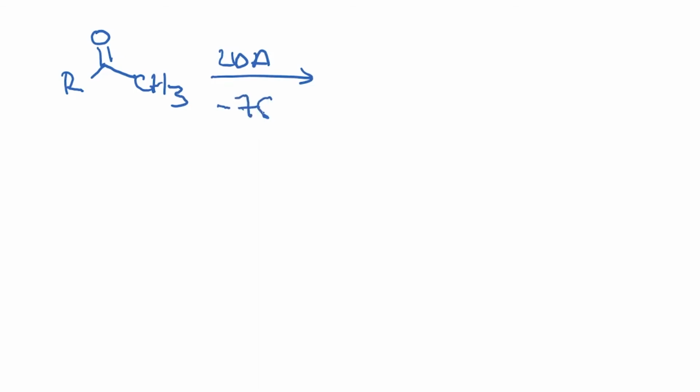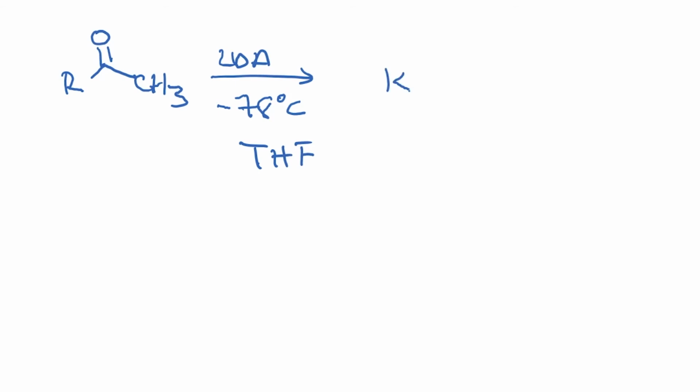So quick recap on the lithium enolate reaction. So the way we would do this reaction is we would first generate the enolate using LDA, and we would use minus 78 degrees centigrade, and typically these reactions are carried out in a solvent such as tetrahydrofuran.